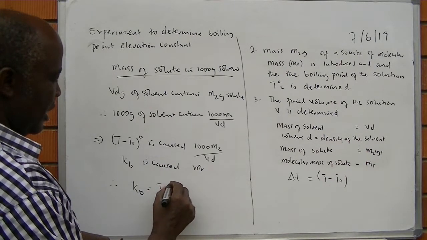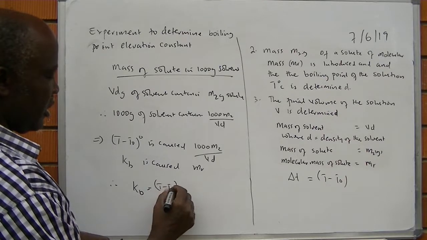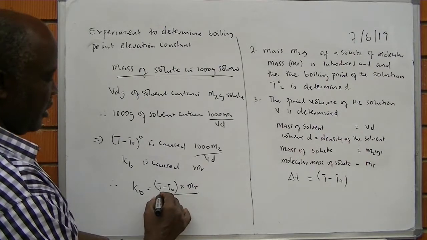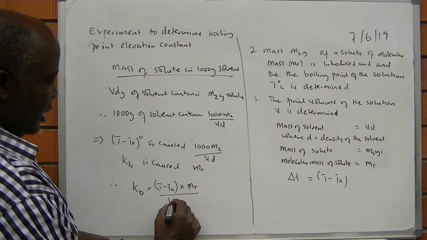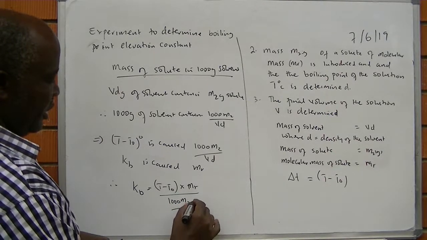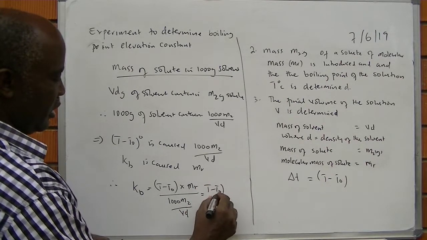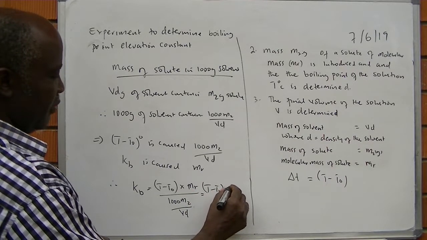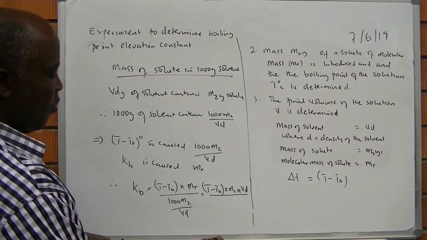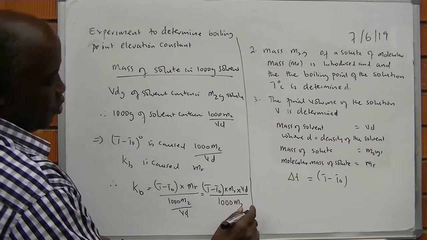Kb will be equal to T minus T0 times Mr over 1,000 M2 over Vd, which is equal to T minus T0 times Mr times Vd over 1,000 M2.